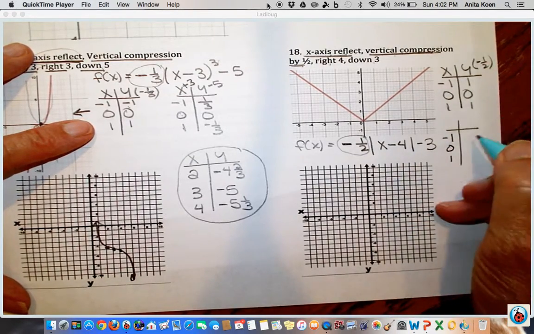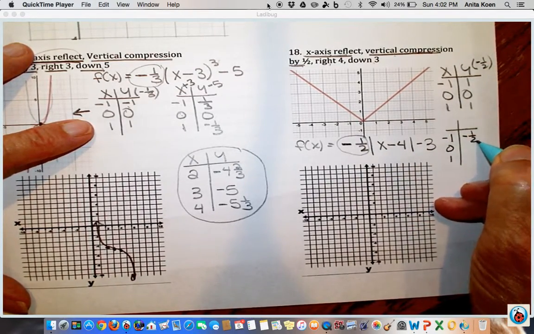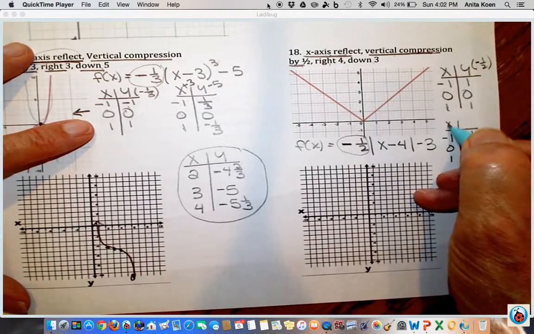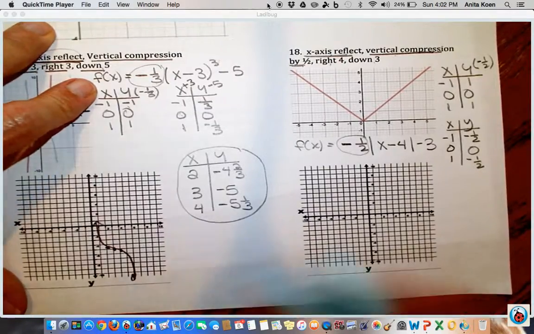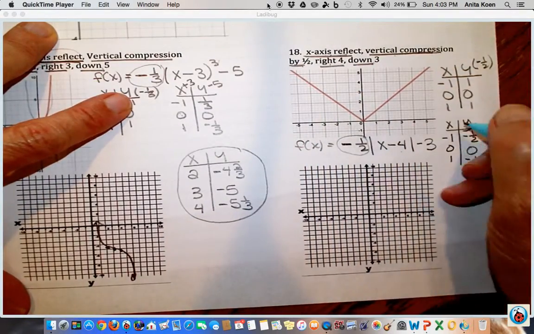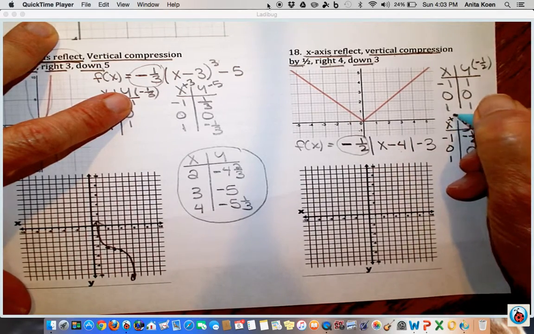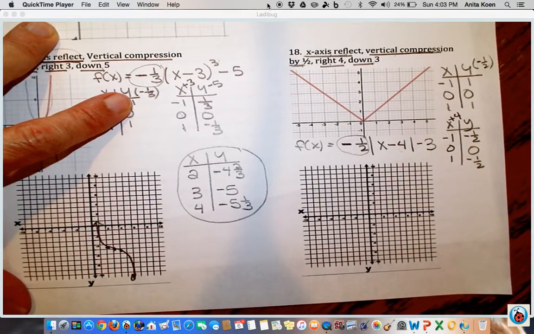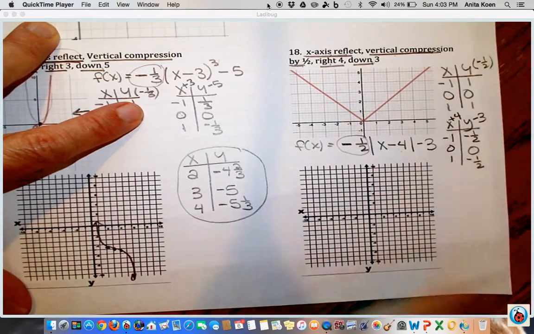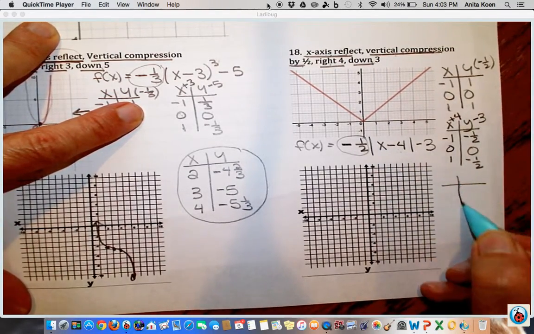The y's get multiplied, so -1/2, 0, -1/2. This is x, this is y. Now we're going to take care of the right 4 and down 3. Right 4 means I add 4 to the x because I'm moving it to the right. Down 3 means I subtract 3 from the y's because I'm moving it down.